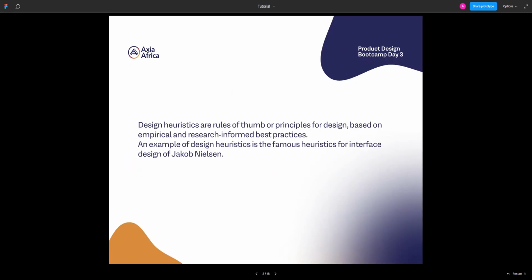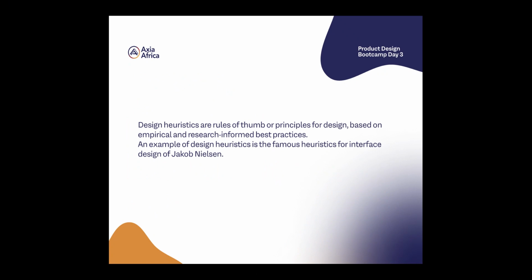Now, design heuristics are rules of thumb or principles for design based on empirical and research-informed best practices. An example of design heuristics is the famous heuristics for interface design of Jacob Nielsen.